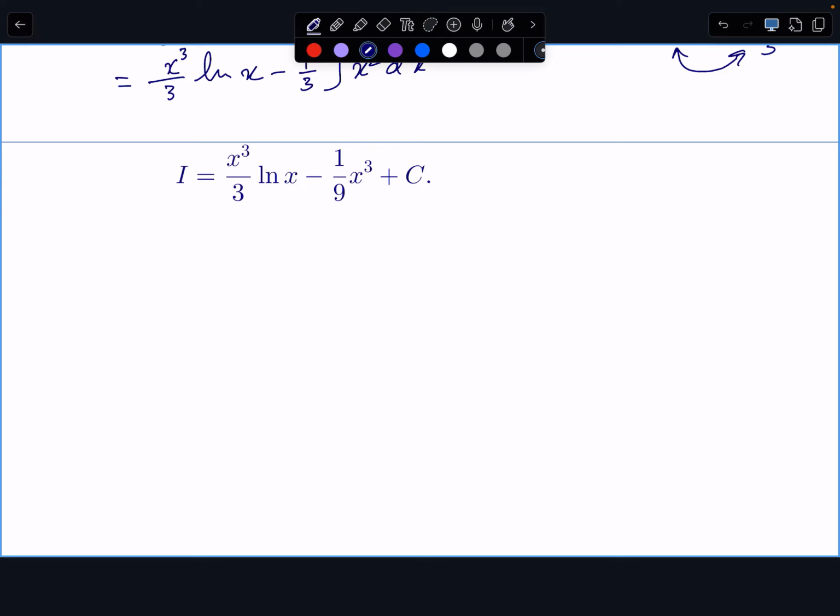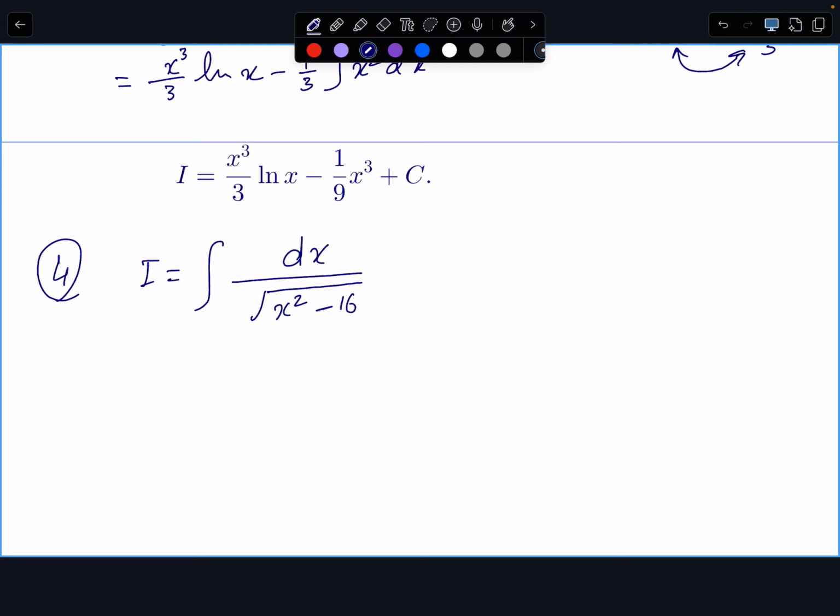Okay, and now 4. For example, if we have something like this, let's say we have dx, and suppose we have x squared minus 16. So what rule do we use?